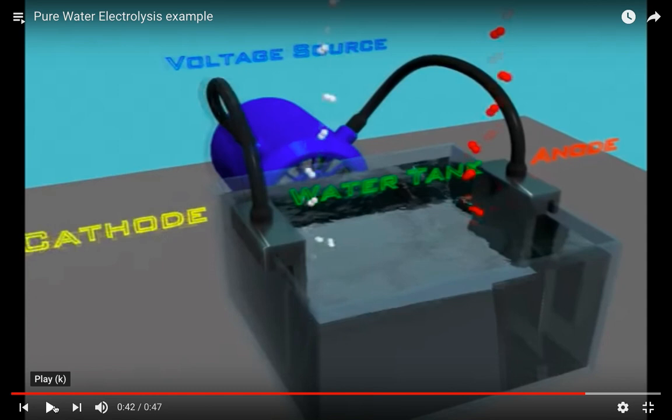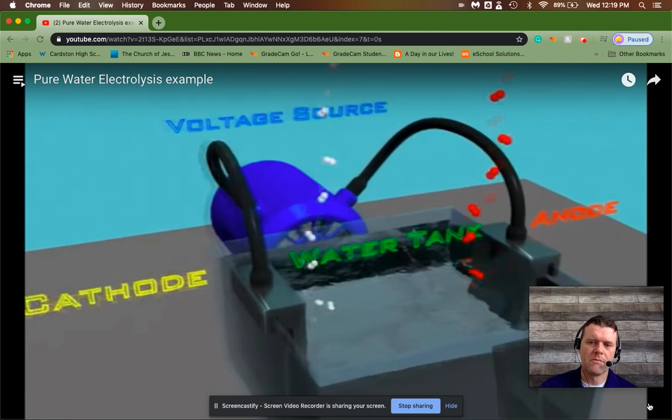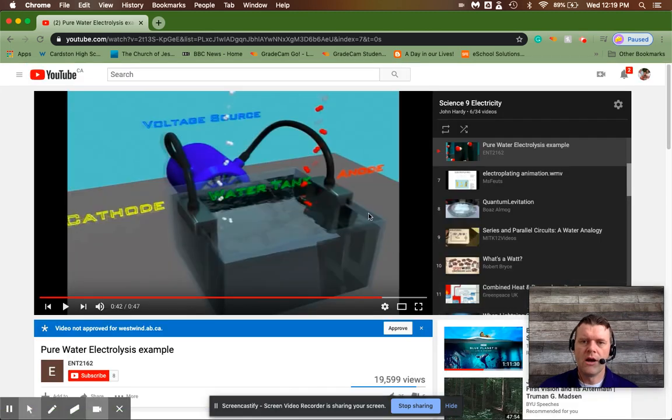And then at the negative terminal, the cathode, you have hydrogen gas bubbling out. We took the electrons and combined them with hydrogen ions to make hydrogen gas at the cathode. So electrolysis is really useful. That's about the simplest one we could use there.